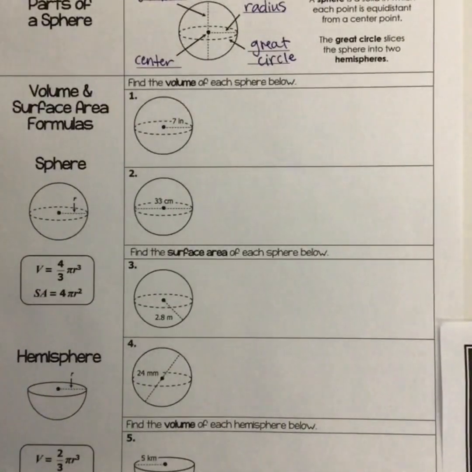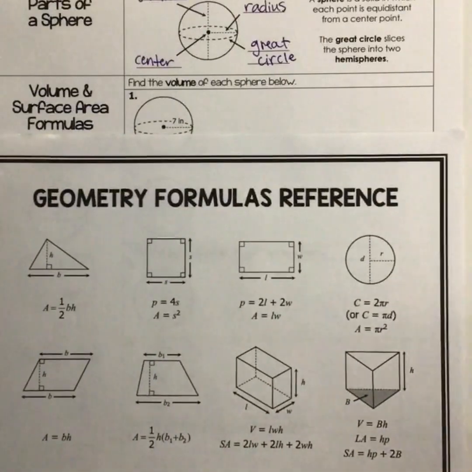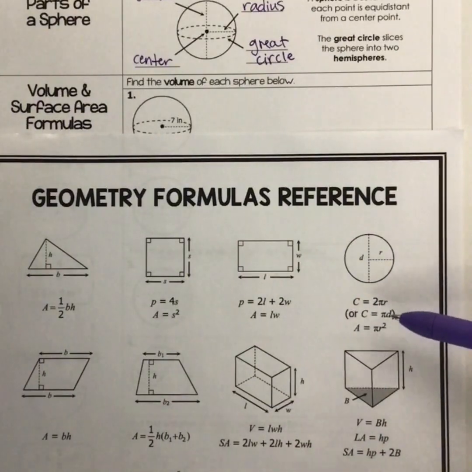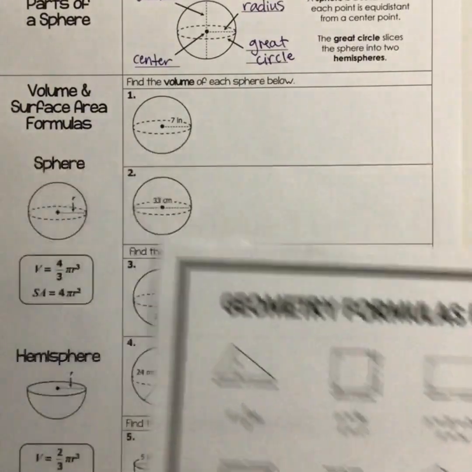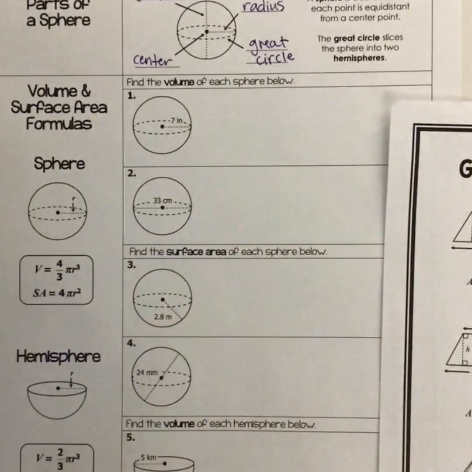First, let's just talk about volume. The equation for volume is 4/3 pi r cubed. So remember when we looked back at our circle equations, we had pi r squared for just the area of a circle and 2 pi r for the circumference of the circle. So where does this 4/3 pi r cubed come from?